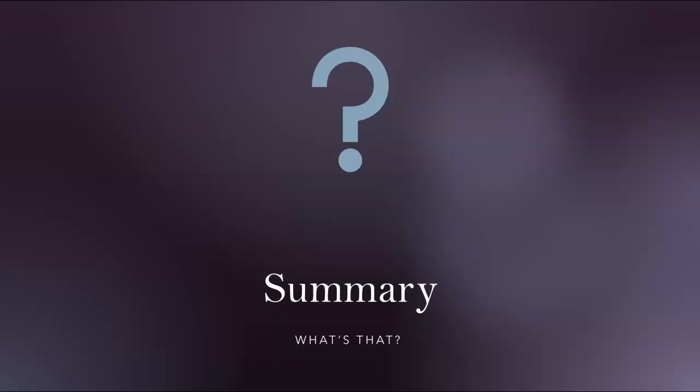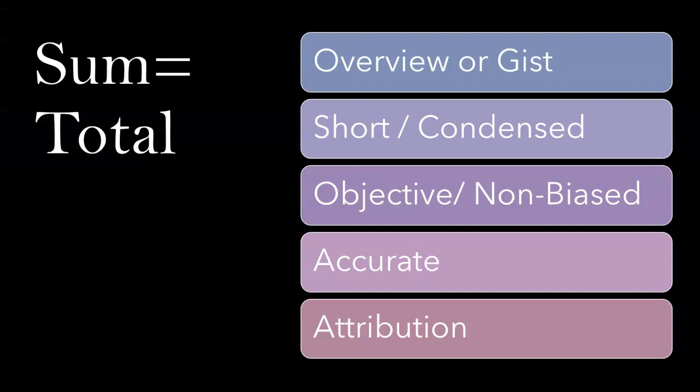So what is a summary? You guys are familiar with summaries because you summarize stuff all the time. A summary, if you look at the root word, it's sum, and a sum is a total. And when you think of a summary, think about it as an overview or a gist of a longer piece of work. It is short or condensed. It is also objective and non-biased. You are going to accurately recount something that someone else has said.